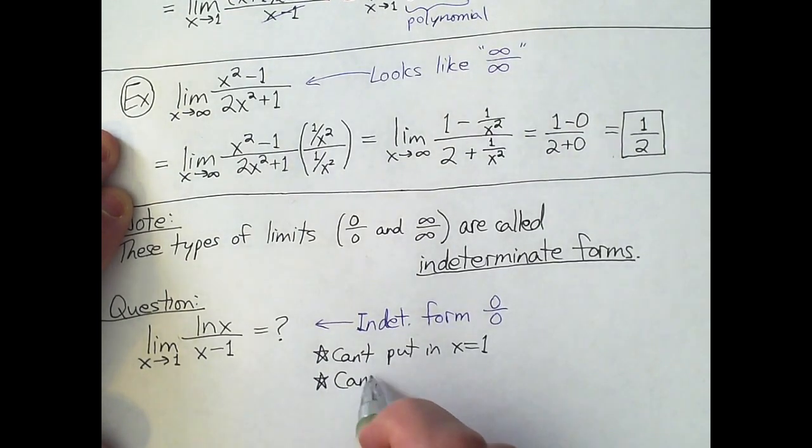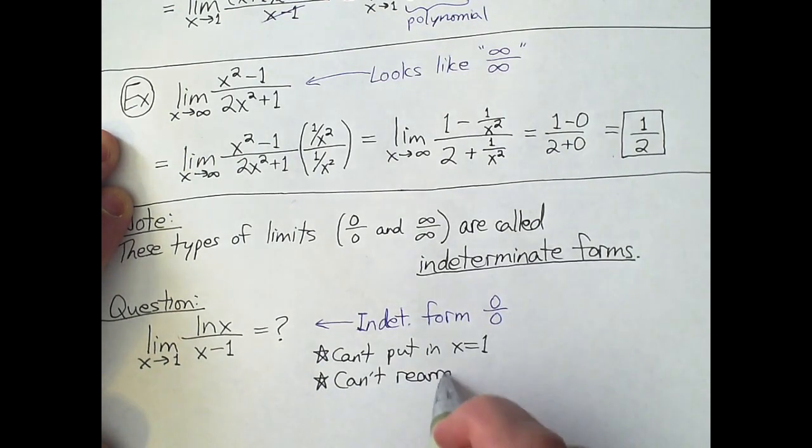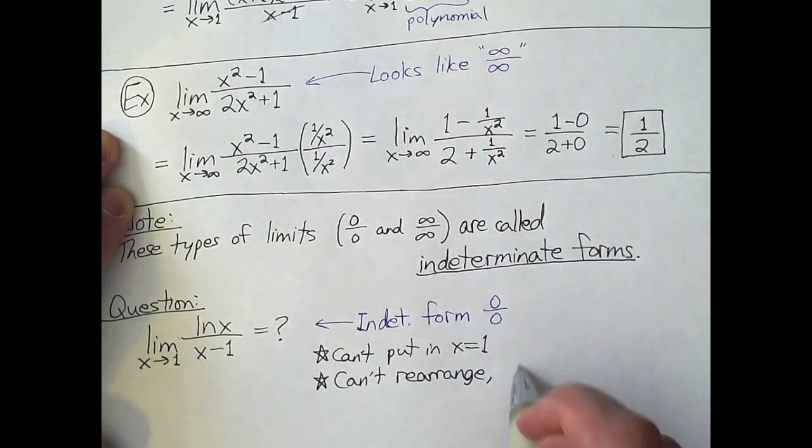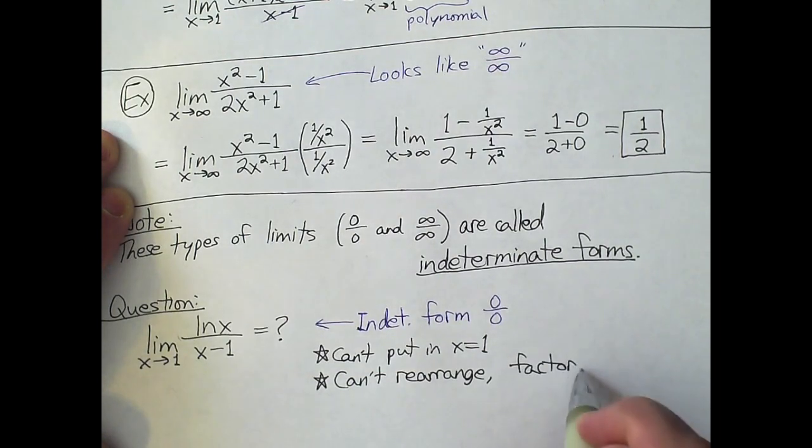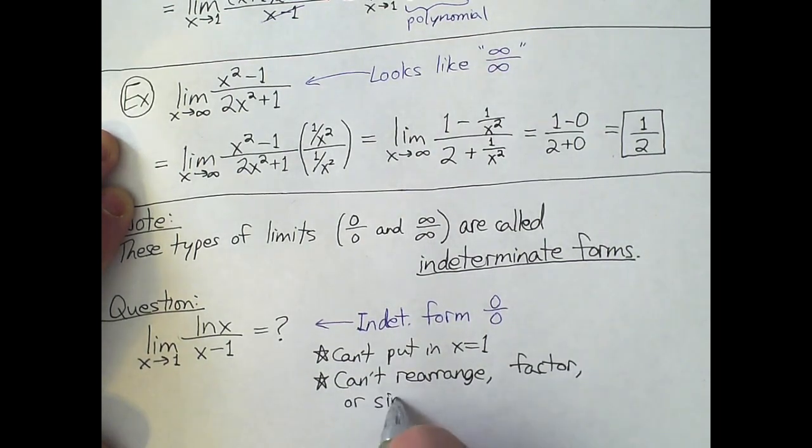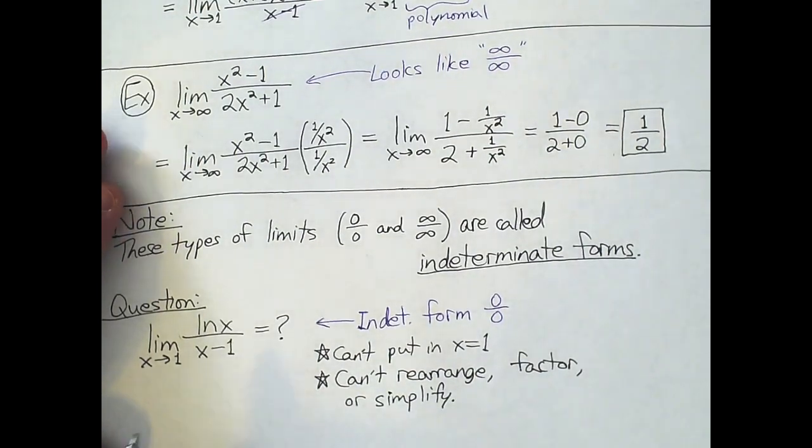However, with this problem, the issue is that we can't really rearrange, factor, or simplify. I don't see any kind of factoring or simplifying or algebra trick that's going to help us this time.